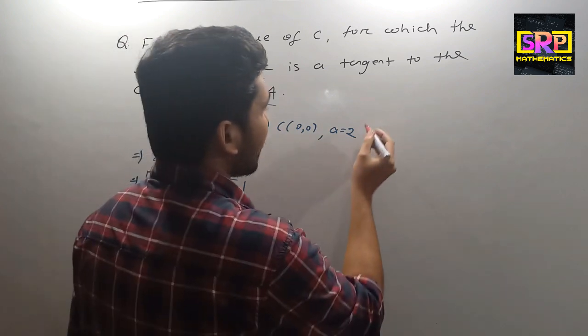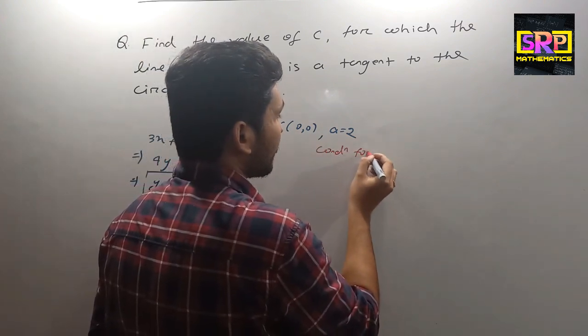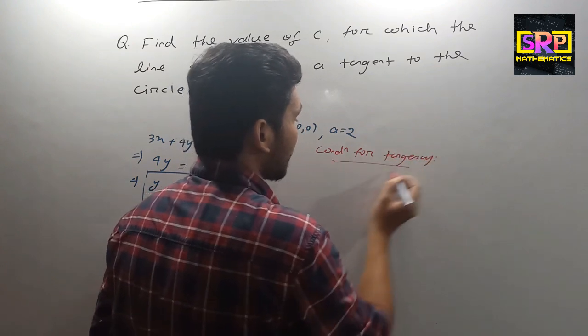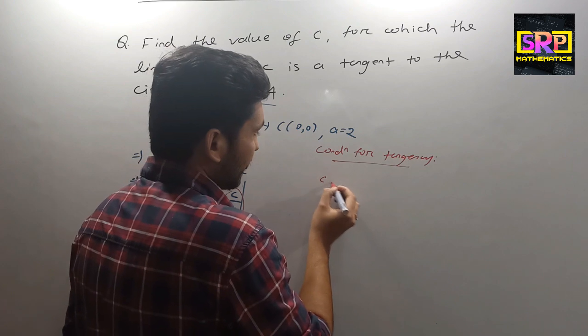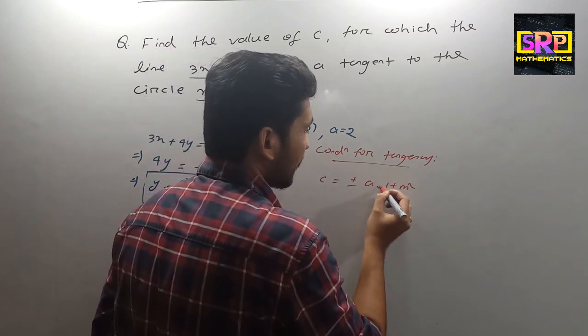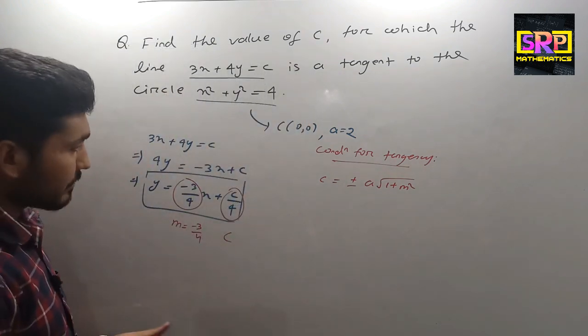So what is the condition for tangency? We know the condition for tangency already discussed, that is c is equal to plus or minus a into root over 1 plus m square. So what is my c?